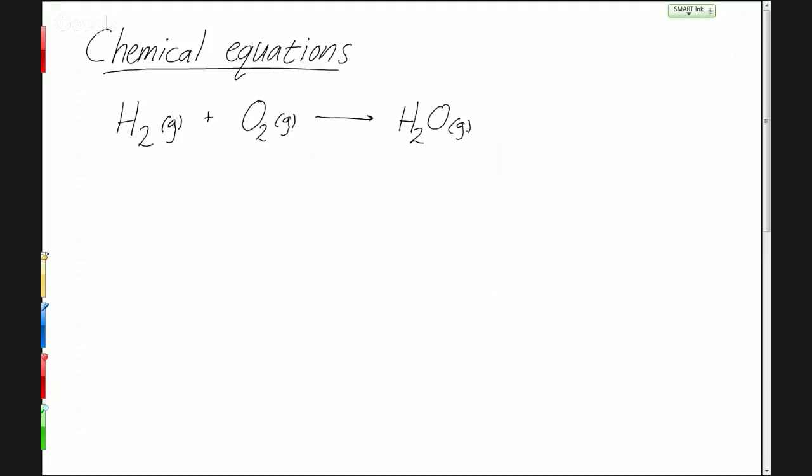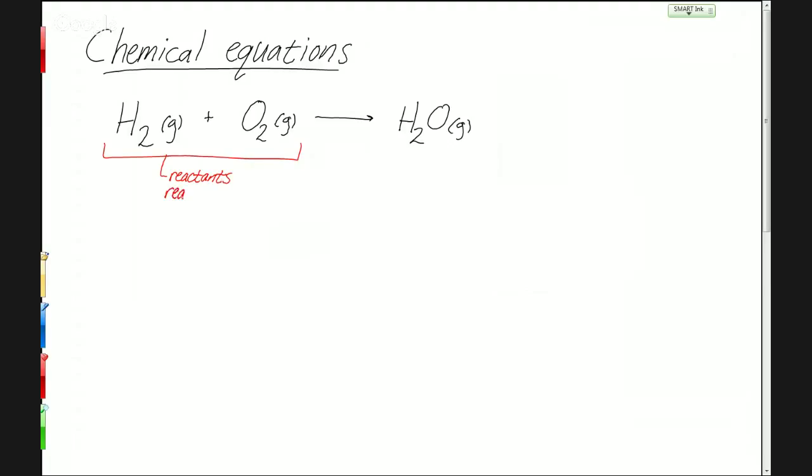Some of those things you probably know what they mean. Other things maybe not. So the chemical formulas, we've been dealing with those. Those tell us what kinds of things are reacting. The things over on the left are the things that we start with. So that's what we're calling the reactants.